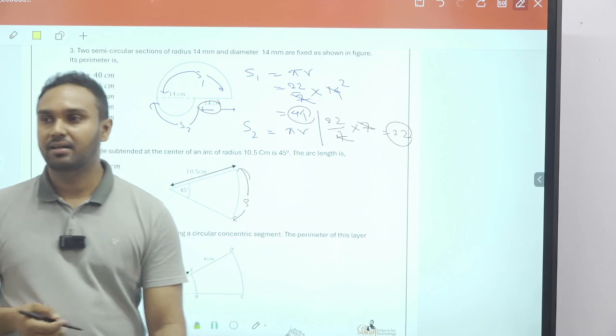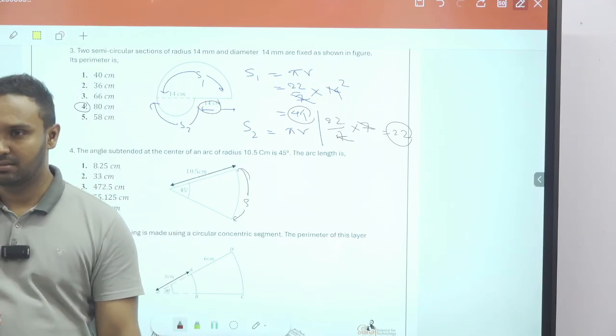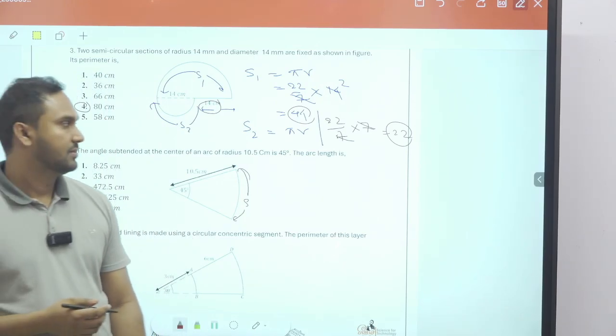So S equals r theta, right? S equals r theta. Use it.